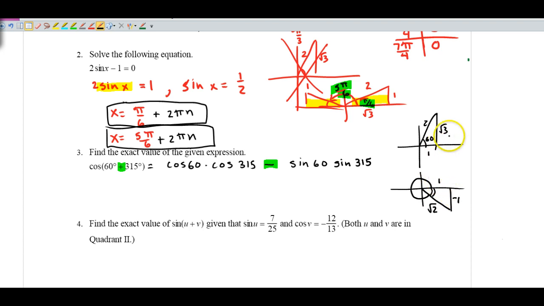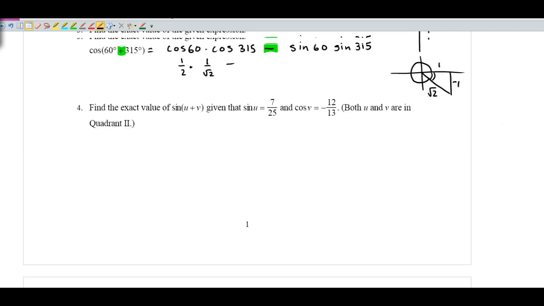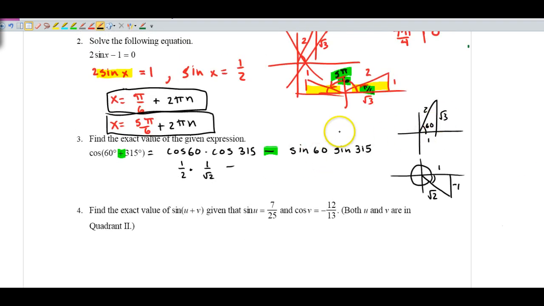Cosine of 60 is a half times cosine of 315, which is 1 over root 2, minus the sine of 60, which is, sine of 60 you can see is the square root of 3 over 2. That's square root of 3. Got my numbers turned around there.